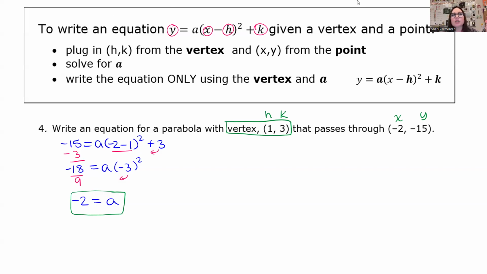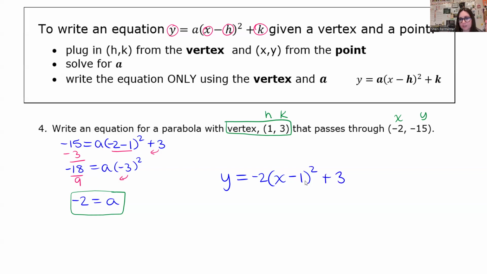To write my equation, I need to know a, h, and k. So y equals, or f of x, it doesn't matter. y equals a, which is -2, times (x minus h), well, my h is 1, so I plug that in here, squared, plus k, which is 3.